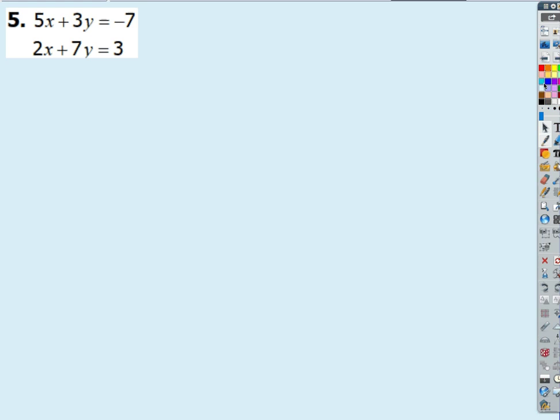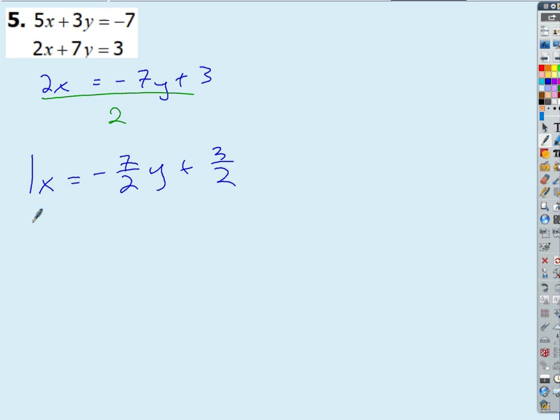If I solve for x in the bottom equation, I've got to divide everything through by 2, and that's where things go south. Then we end up with x by itself equals negative 7/2 y, plus 3/2.